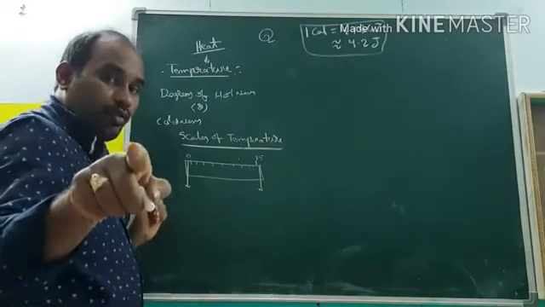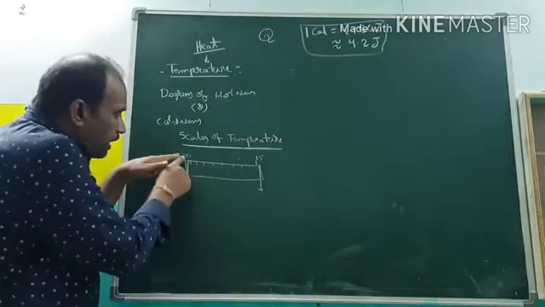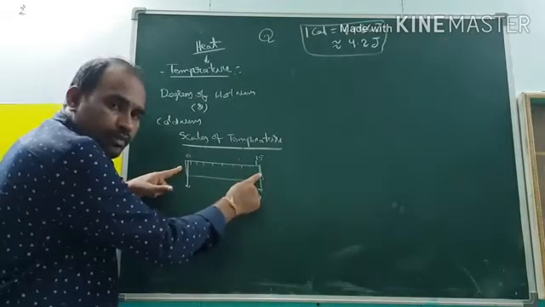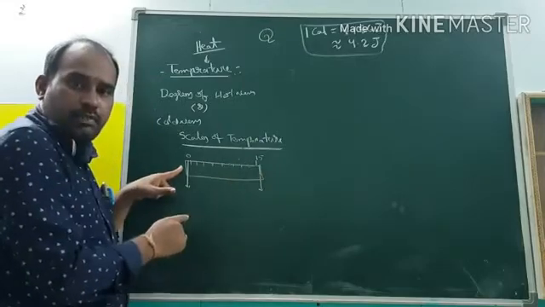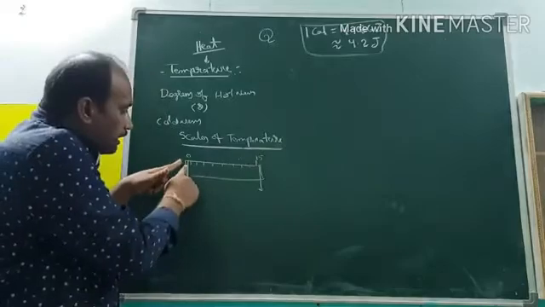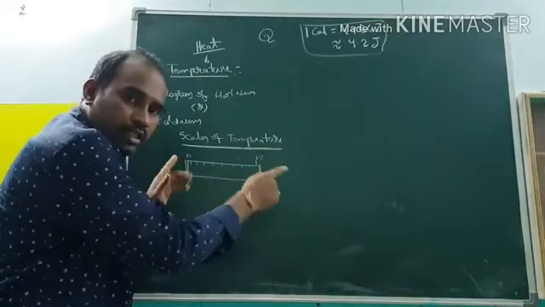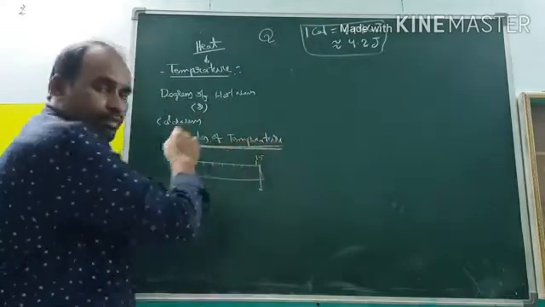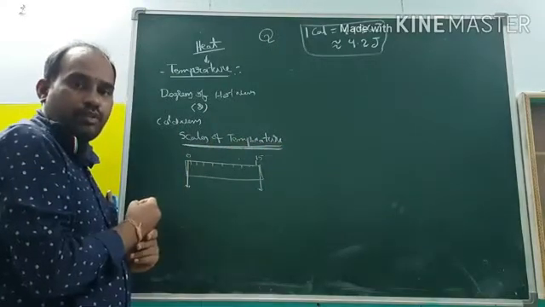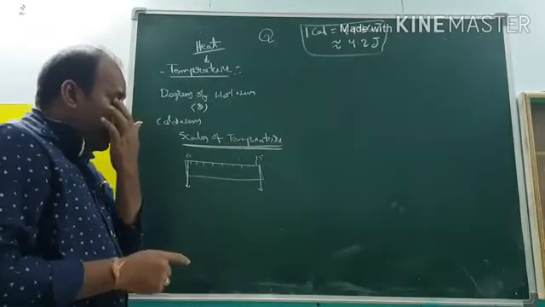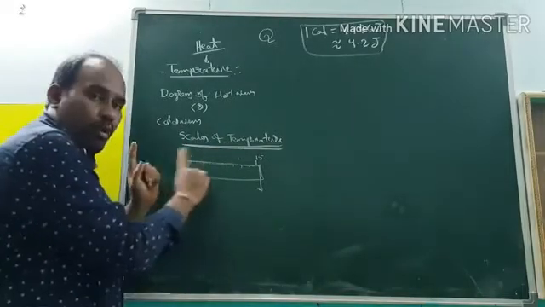In any scale you observe, the lower point starts from 0. For example, if the higher point is 15, it is a 15 centimeter scale. If the higher point is 30, that is a 30 centimeter scale. If the higher point is 100, that is a 100 centimeter scale, like that. We also construct the scale of temperature. For studying the scale of temperature, we choose 2 points.